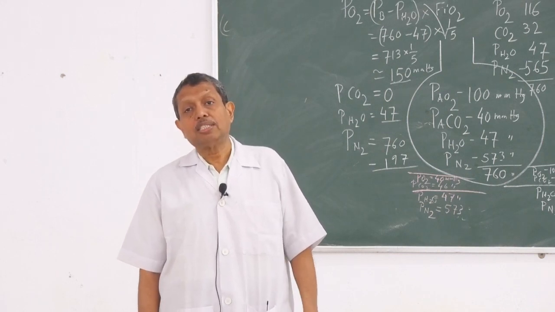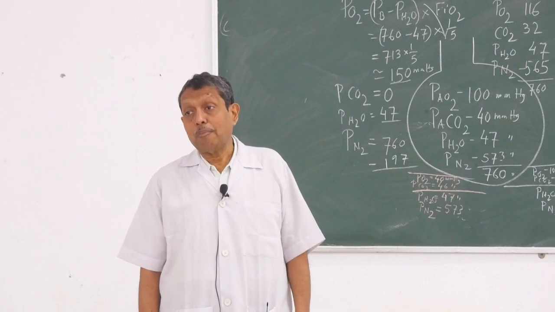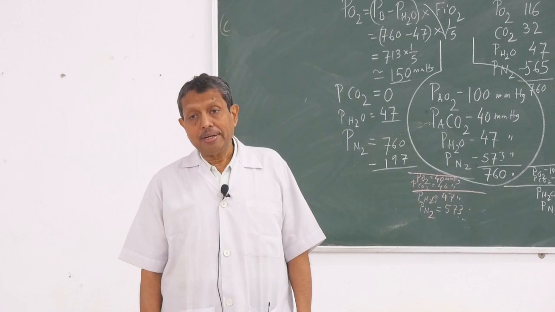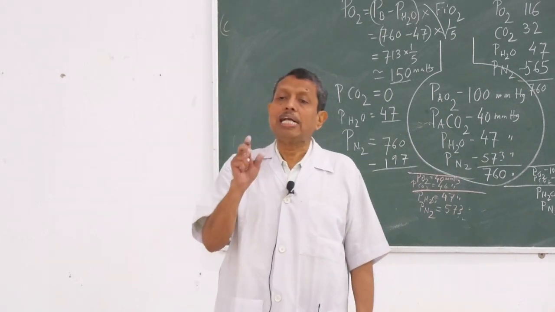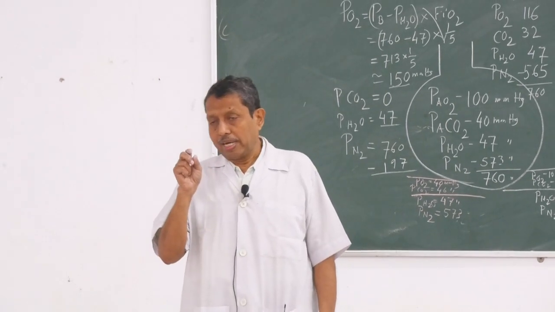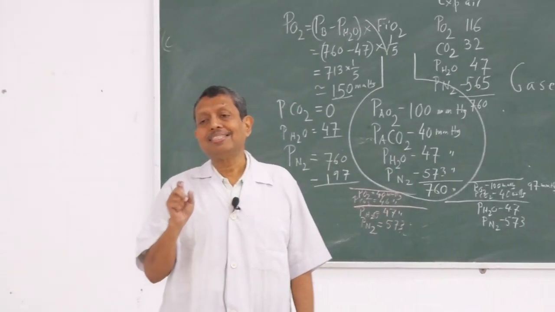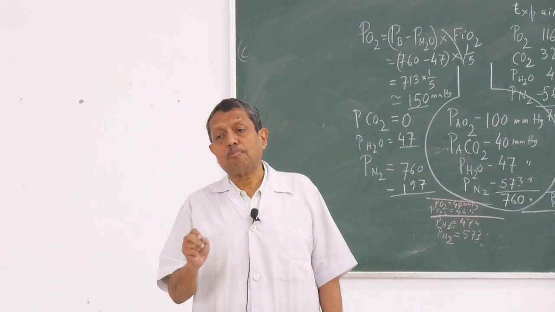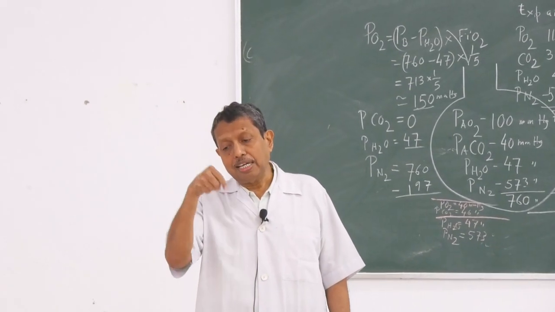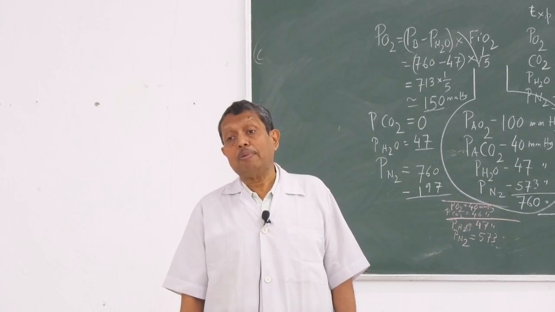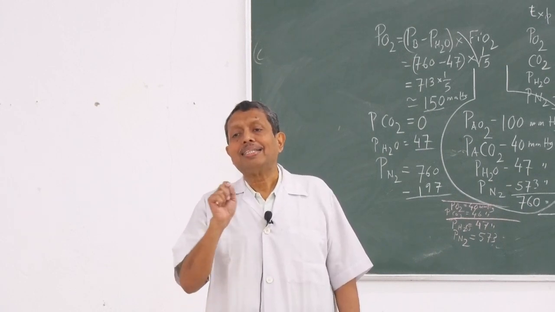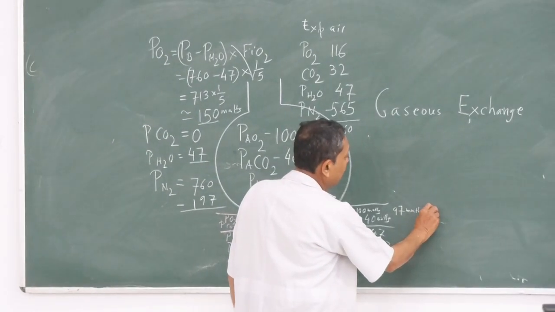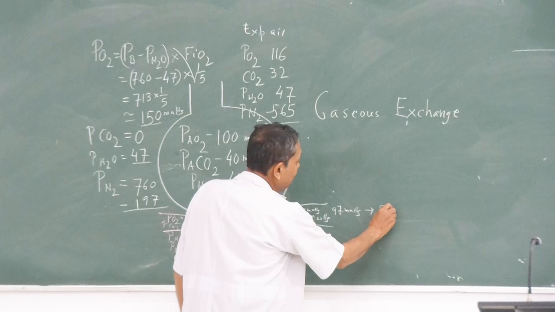So there is some admixture with the venous blood that bypasses the alveolar membrane, and in some cases of the heart, some of the coronary arteries that supply these muscles of the blood vessels end in Thebesian veins or other vessels, they directly open into the left ventricular cavity, and so there is some reduction of this value due to the shunting mechanism, and it becomes in reality 95 millimeter of mercury.